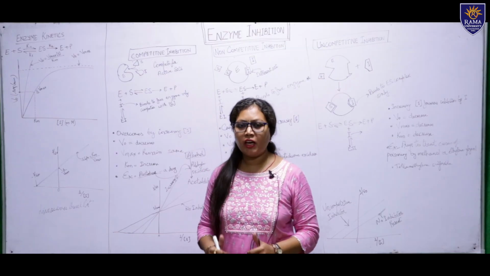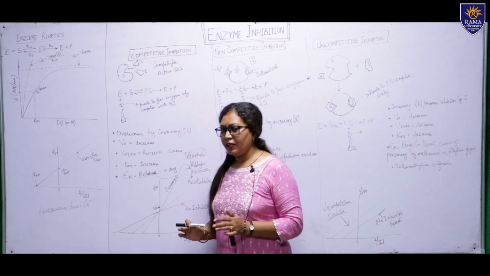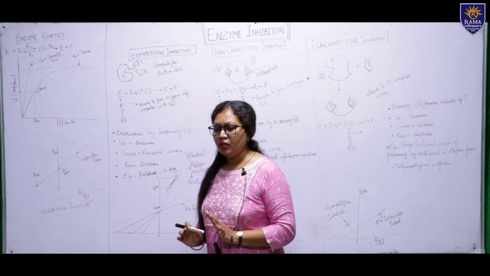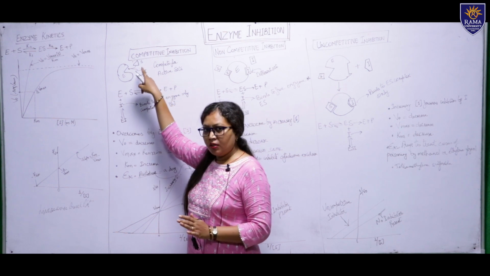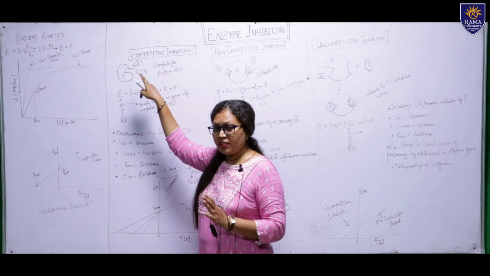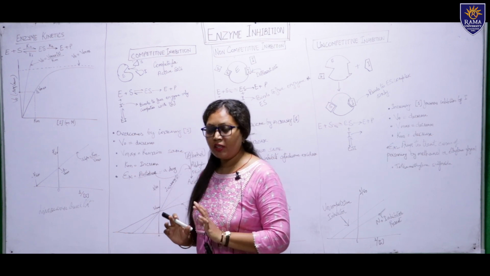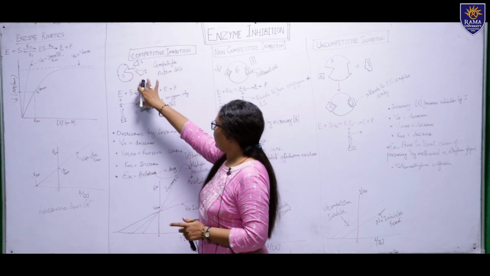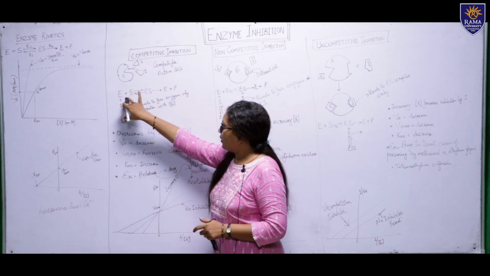So, what is the speciality of a competitive inhibitor? The speciality of a competitive inhibitor is that it has a structural resemblance with the substrate, and it competes with the substrate for the active site. So, here it binds to the free enzyme.